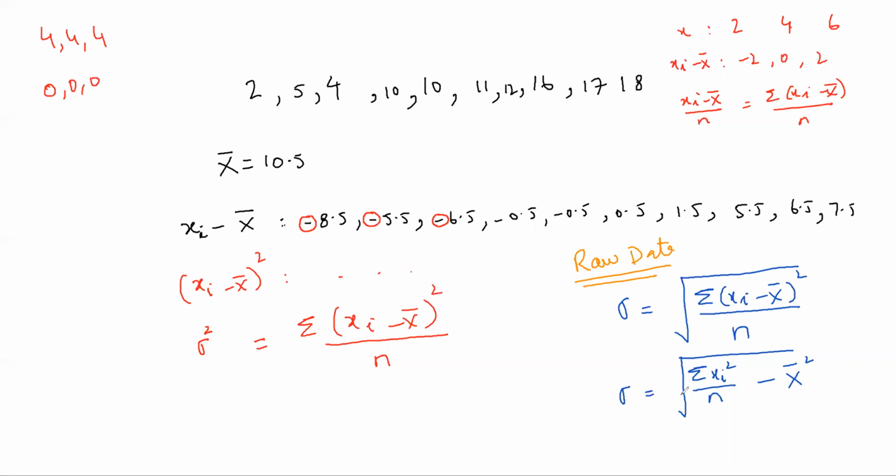Now please be very clear in the beginning. Please remember sigma x square and sigma x whole square, these are totally two different things. Okay, let me explain what we mean by this. Suppose you have the observations.